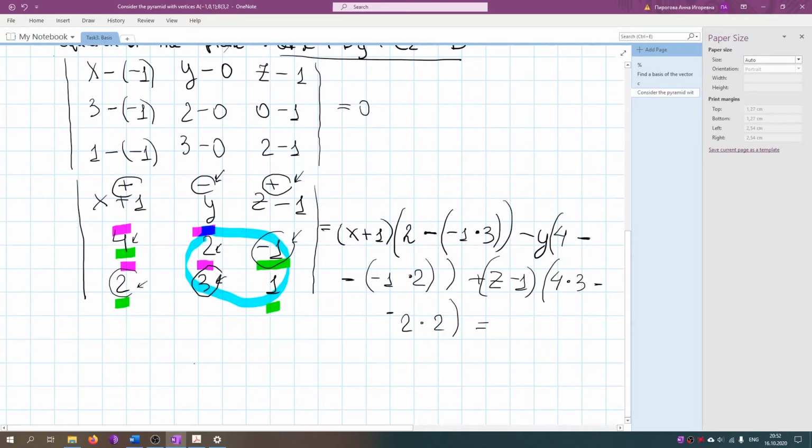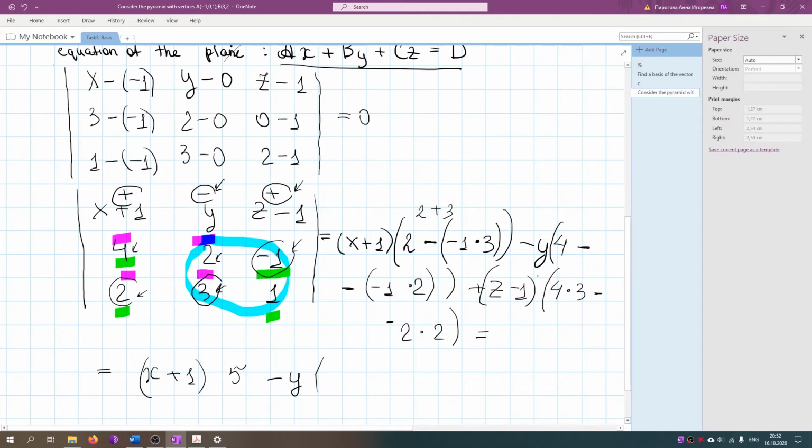So now we just need to simplify this, and we will get something like x plus 1 multiplied by, here we will get 2 plus 3, it will be 5, so we don't need bracket here, and minus y multiplied by, so you have to be careful because we have lots of minuses.